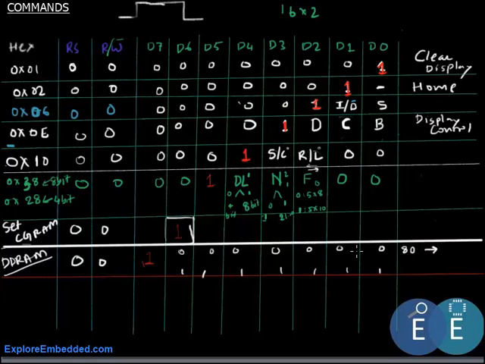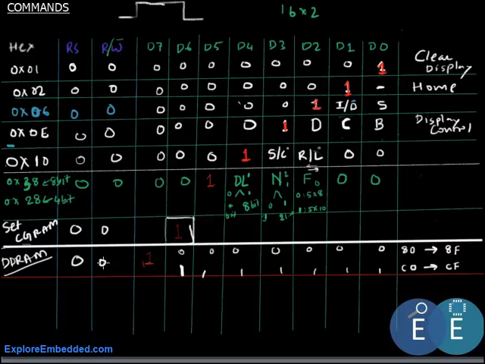For a 16 character display, this would go from 80 to 8F, and the next bit would turn on here. So for the next range, this would be 1100, which is for the second line, from C0 to CF.